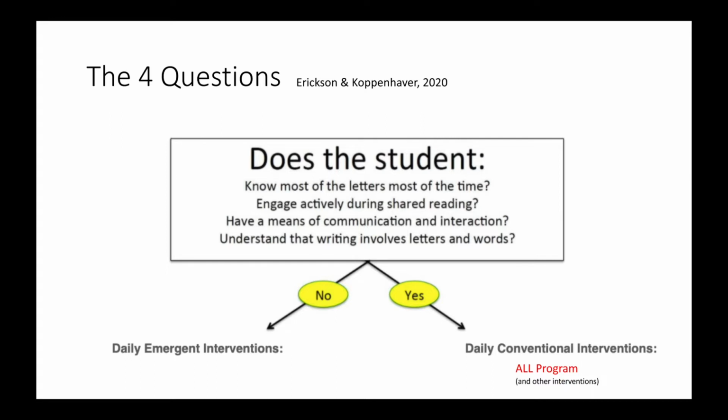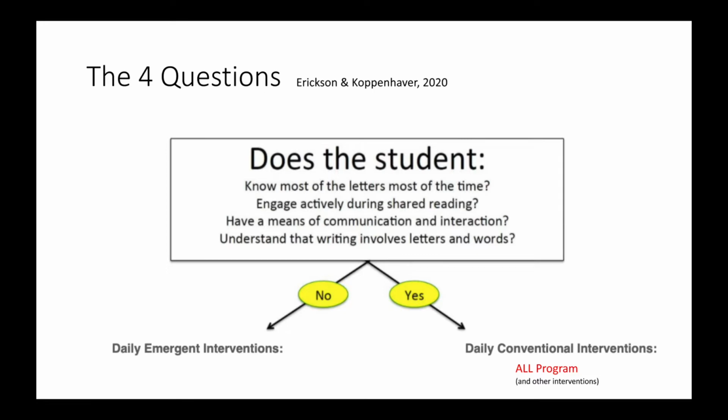It is not enough that they attend passively to the book and sit and listen to you as you read to them. We want to be thinking about whether they are making comments with AAC. Are they engaging in communication with you about the book? If they don't do these things yet, answer no.